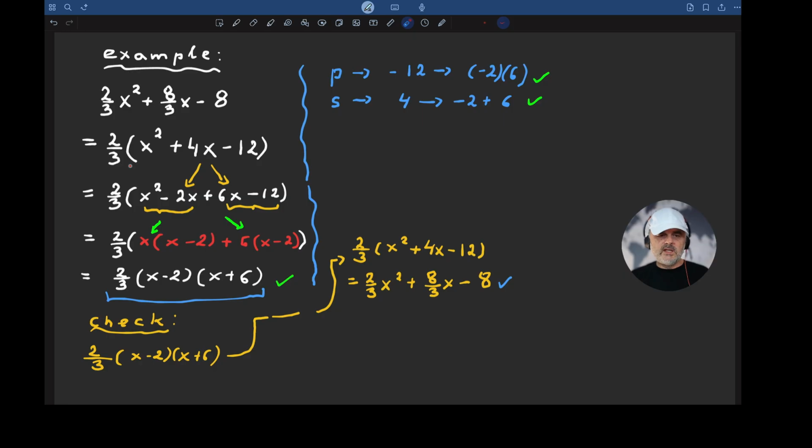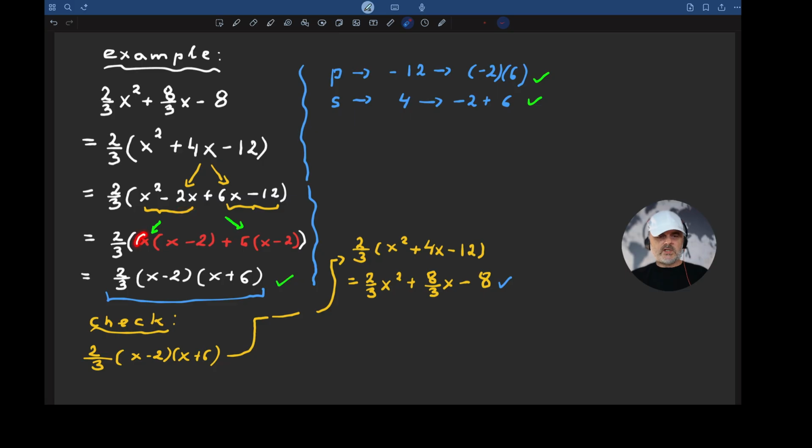Why? Because we had this 2 over 3 as a common factor extracted already in the step above. And then you start working with this quadrinomial, two groups of 2, work with each group separately.